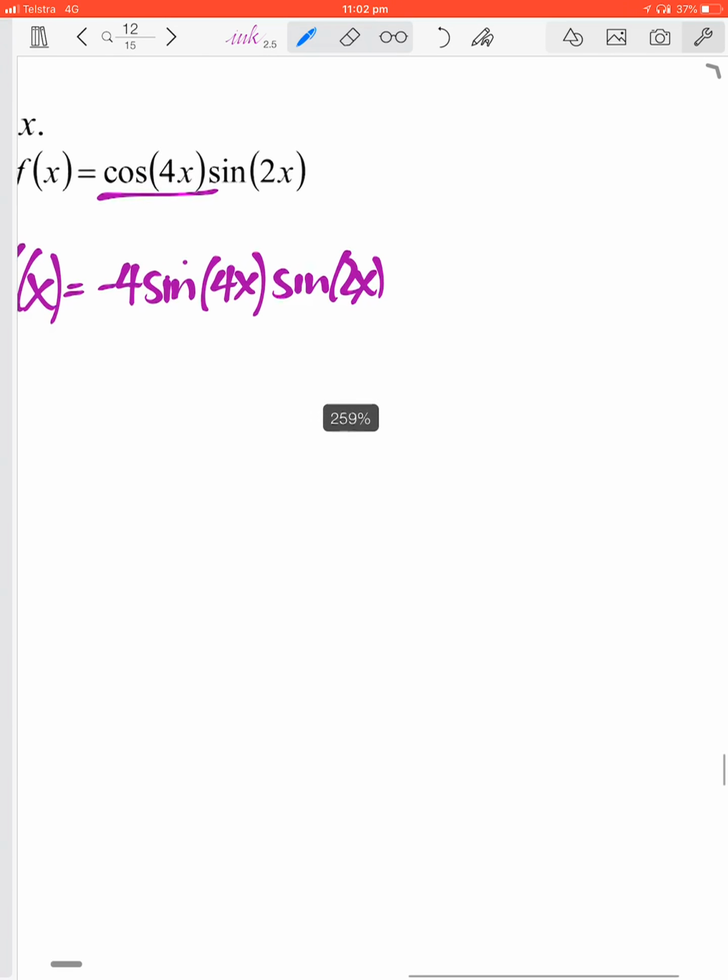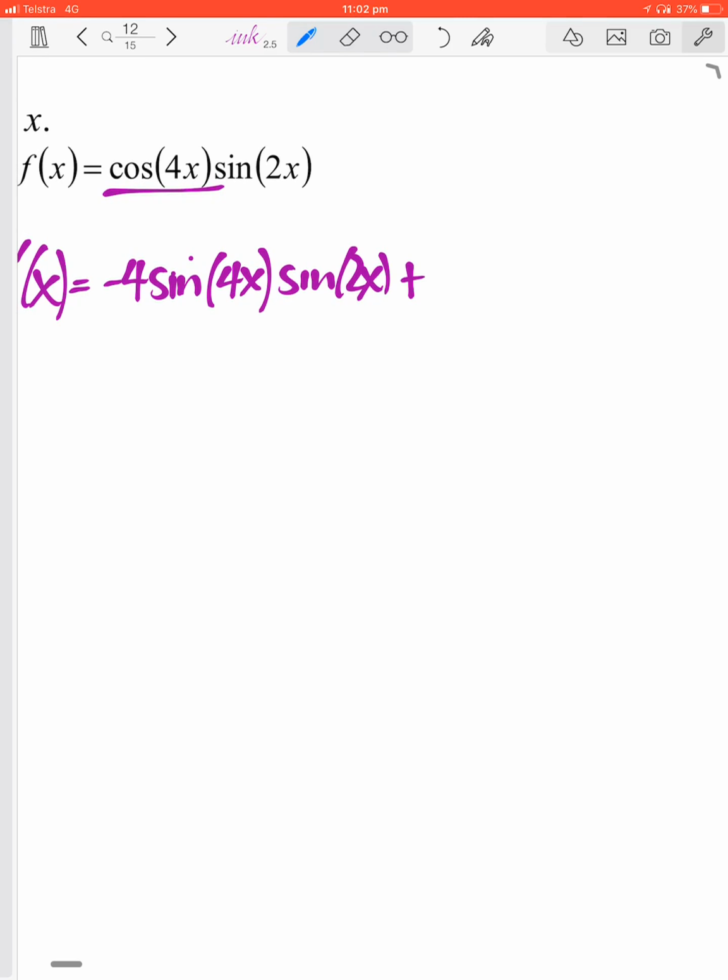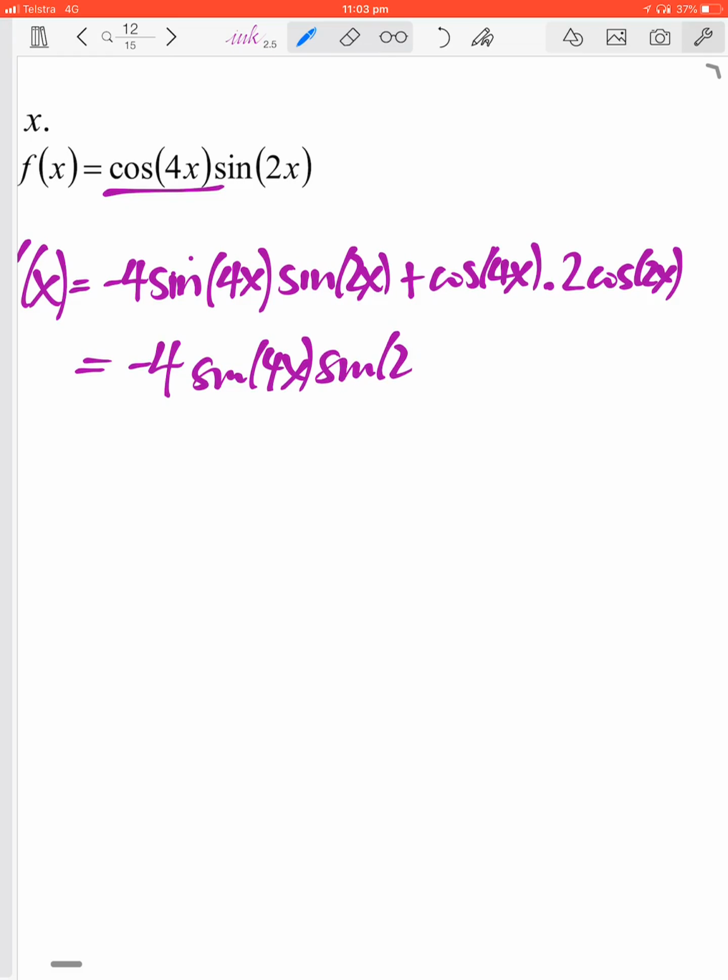And then we get plus, now we leave cos 4x alone, and we derive sine 2x. We know when we derive sine 2x, we get 2 cos 2x. So we end up with negative 4 sine 4x sine 2x plus 2 cos 4x cos 2x.